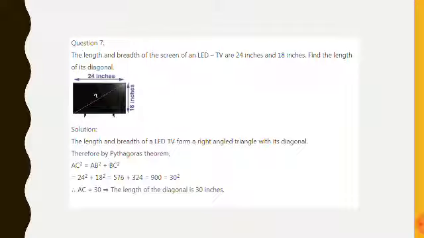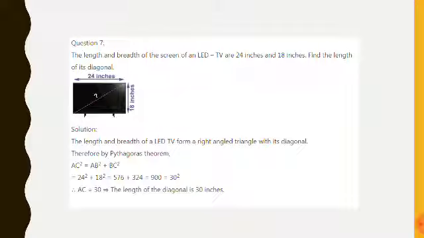Solution. The length is 24 inches and breadth is 18 inches. The length and breadth of the LED TV form a right angle triangle with its diagonal. Draw a diagonal line. It splits into two equal right angle triangles. Therefore, by Pythagoras theorem, AC square equal to AB square plus BC square.